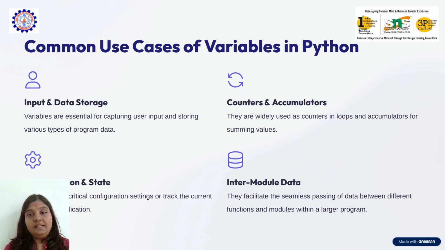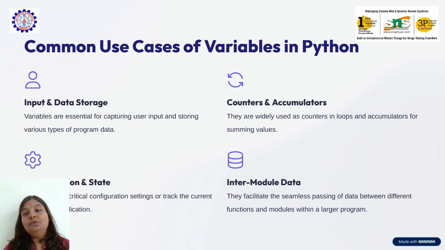Common use cases of variables in Python: input and data storage, counters and accumulators, configuration and state, intermodule data. Variables are essential for capturing user input and storing various types of program data.